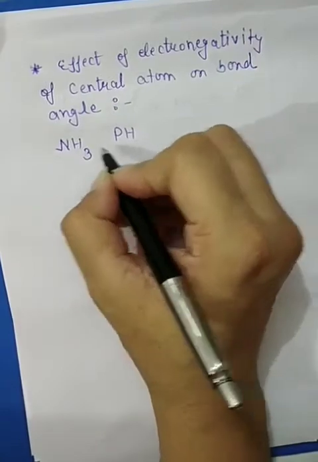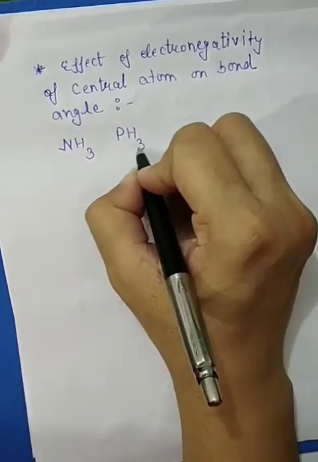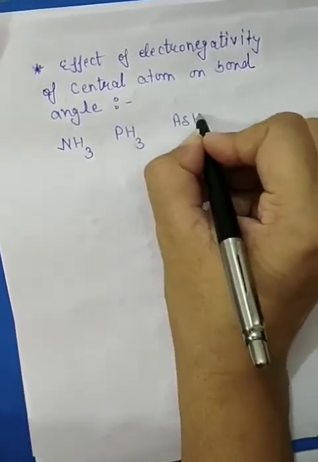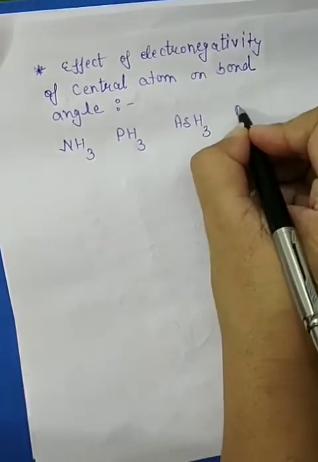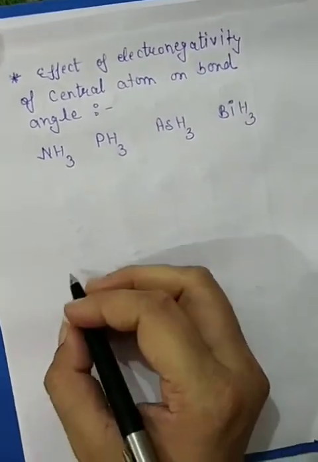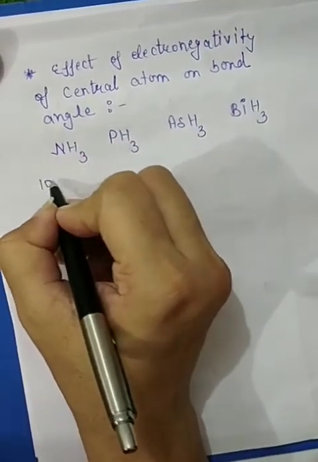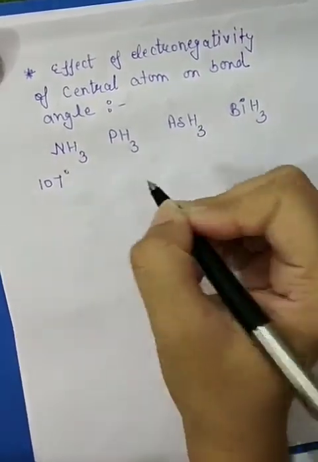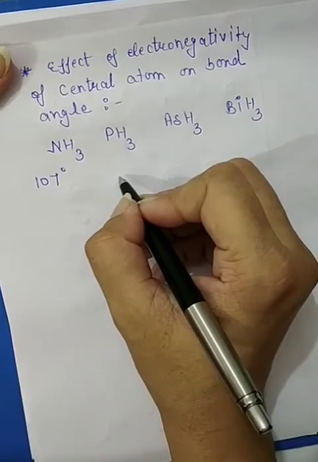For example, NH3, PH3, AsH3, BiH3. If we see here, the bond angle in ammonia is 107 degrees.